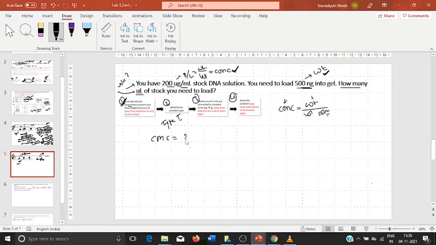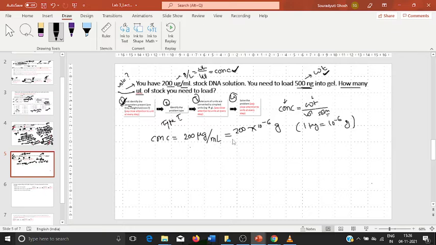Concentration is 200 microgram per ml. Let's convert this into simplest units, meaning gram per liter. 200 microgram is 200 into 10 to the power minus 6 grams, because 1 microgram is 10 to the power minus 6 gram.